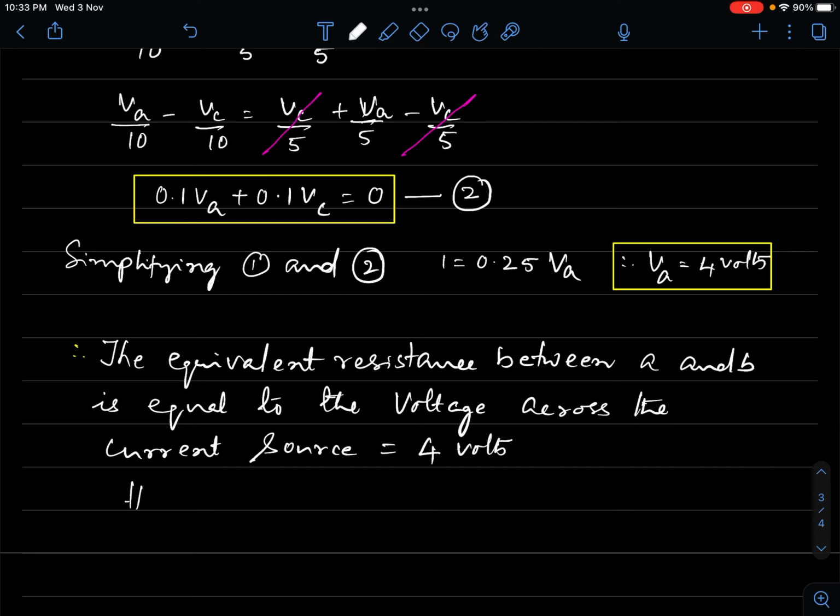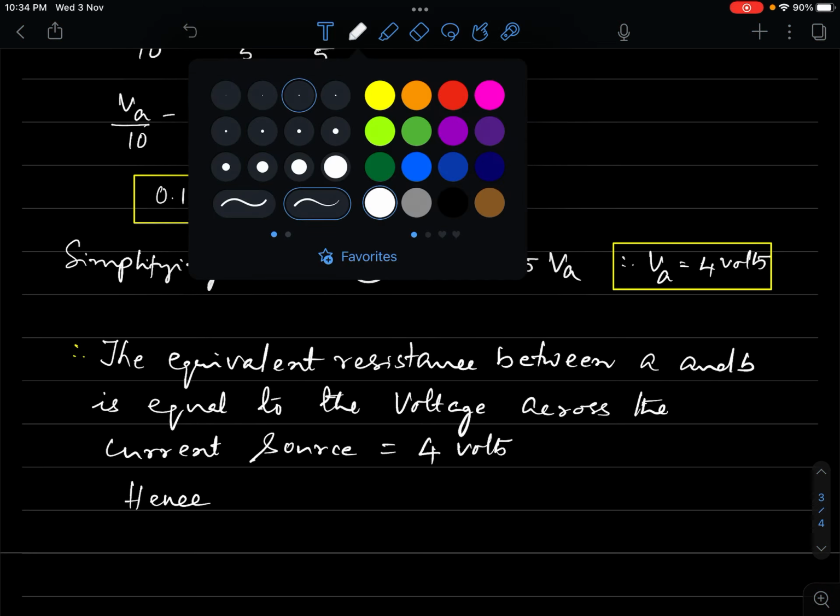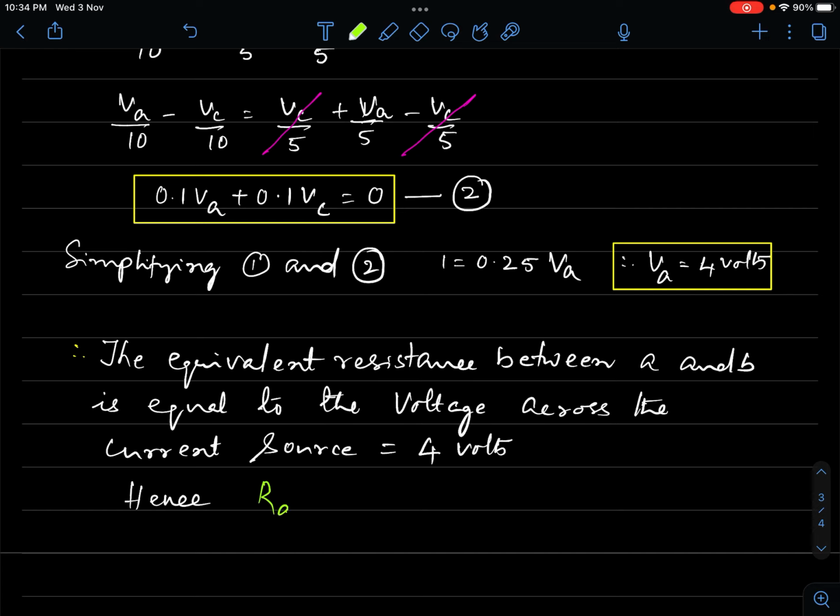Hence, I'll use color, RAB is equal to 4 ohms.